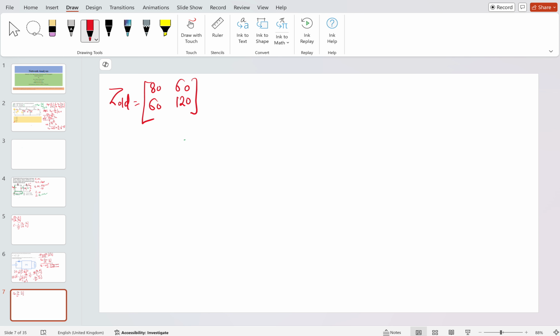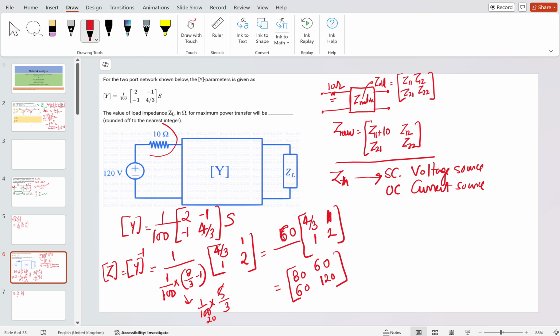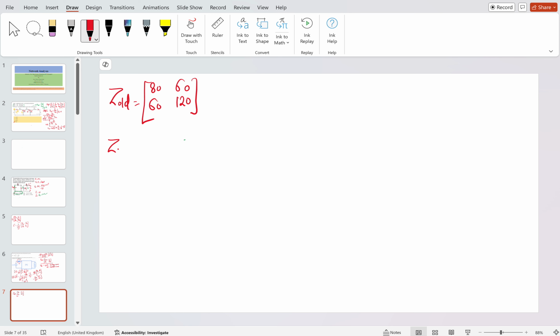What you have done is add the 10 ohm resistance in between the voltage source and Z old. So the Z new becomes 80 plus 10, which is 90, 60, 60, and 120. This is the Z new basically.